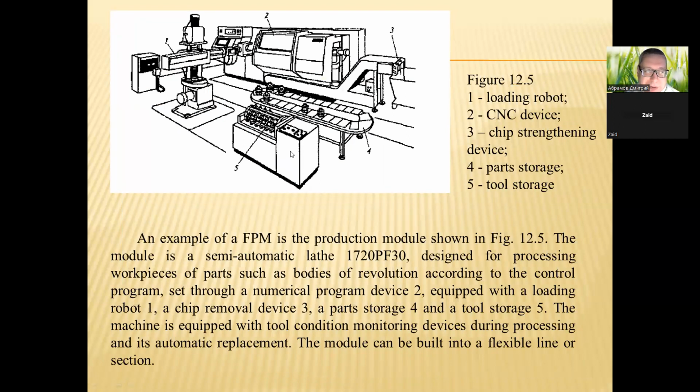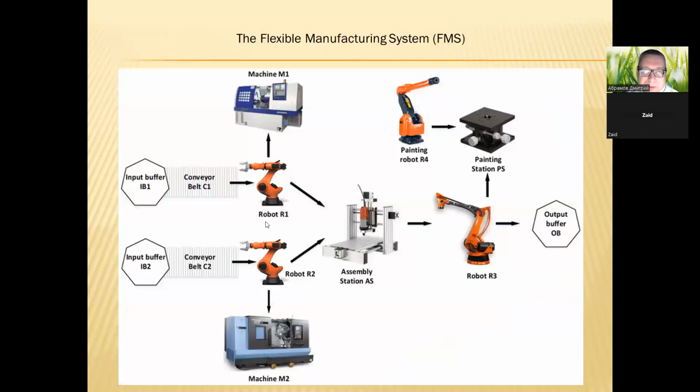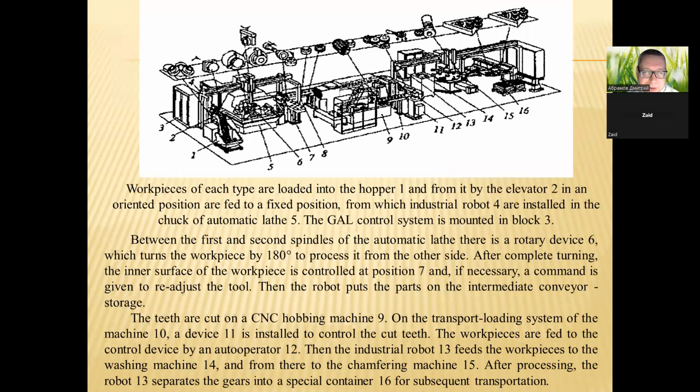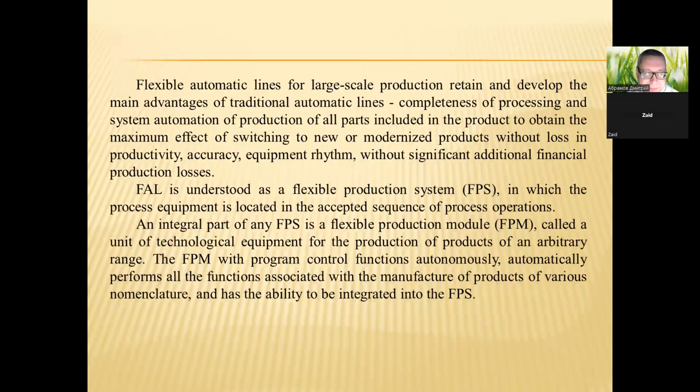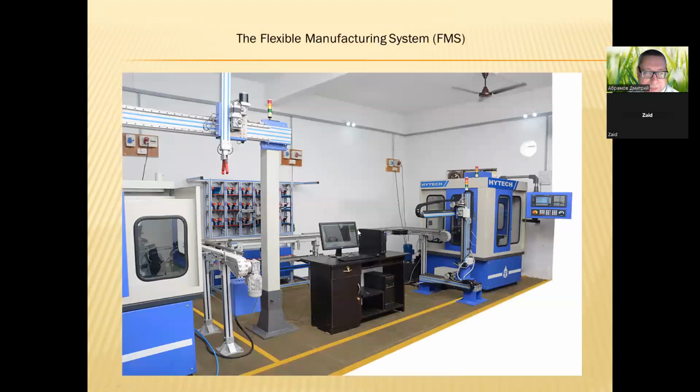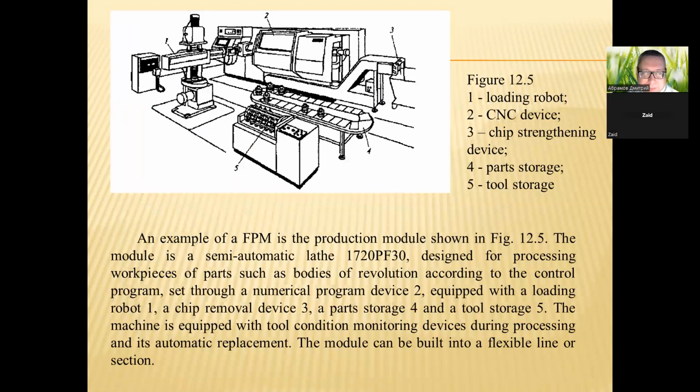An example of FPM, flexible production module, is a production model shown in figure 12.5.